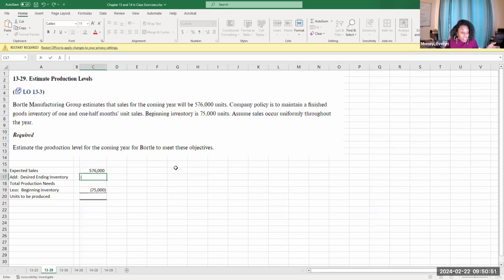I don't know 1 month's unit sales at this point. I only know it for the year. So I'm going to take the 576 and divide it by 12, and then multiply that by 1.5 to find how many units I plan to have on hand at the end of the period.